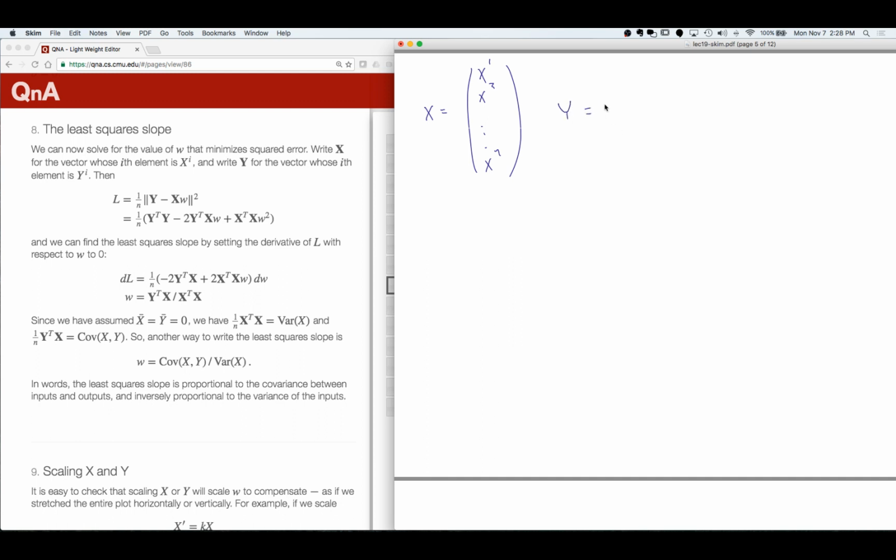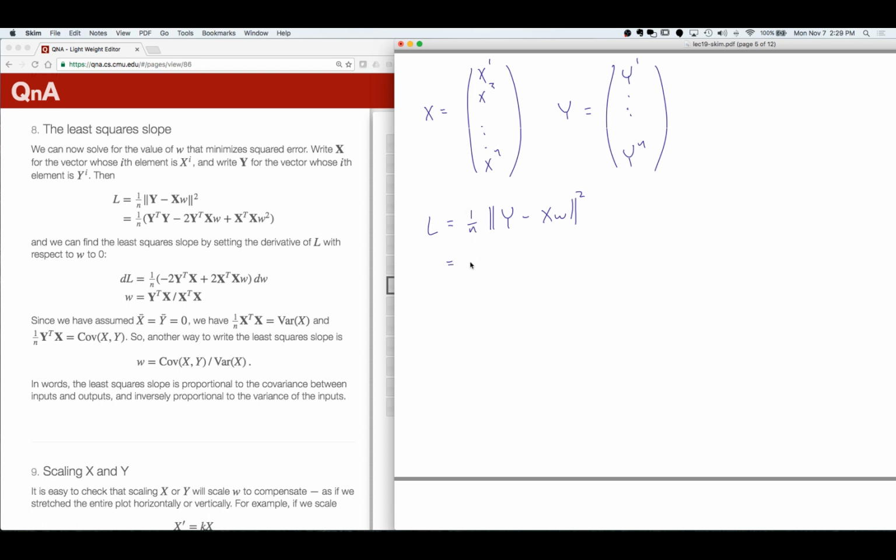I'm going to collect all of my outputs into a big vector, y1 up to yn. And then my loss is equal to 1 over n times the squared norm of y minus x times w, right? So w here is just a scalar. I'm multiplying the vector x by that scalar, subtracting from y, squaring the result, and then averaging.